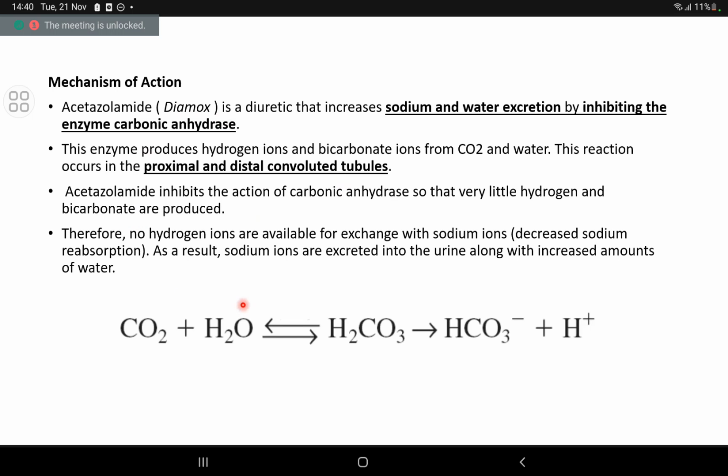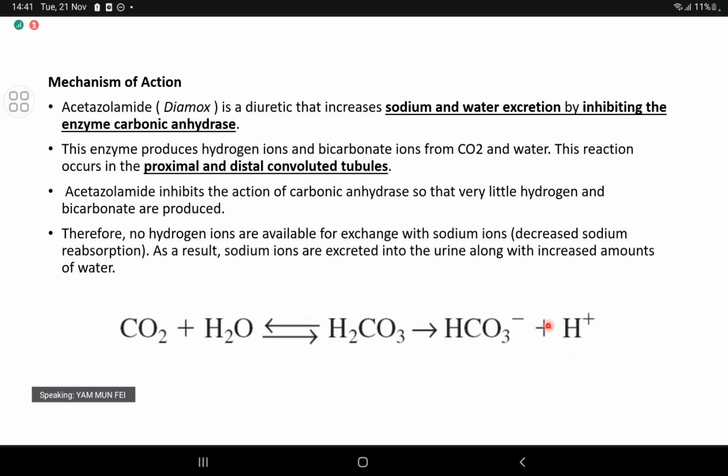The mechanism of action is quite simple. It causes sodium and water excretion by inhibiting the enzyme carbonic anhydrase. Carbonic anhydrase converts and produces hydrogen and bicarbonate.